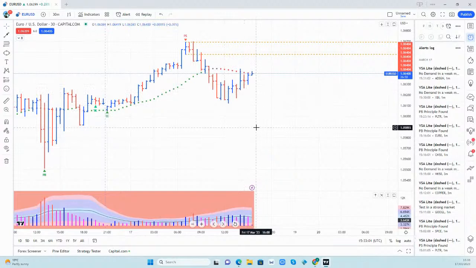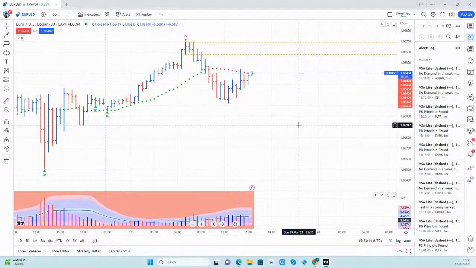But if you're thinking long term, if you're a swing trader, there's no entry here yet. You need to wait for one or two principles. One is no demand, or one is an upthrust, a UT.